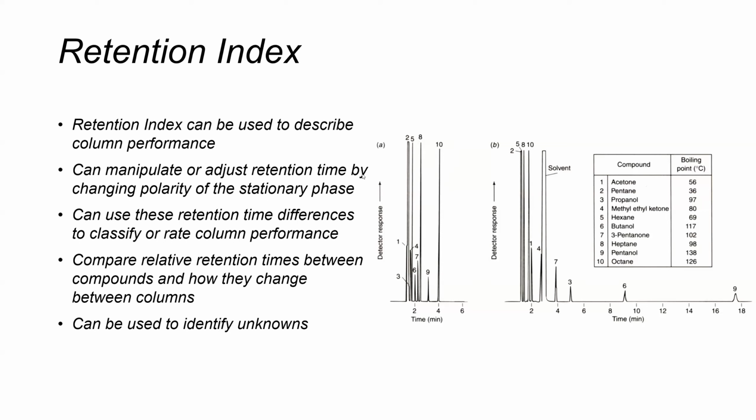So you can see here on the right-hand side, we've got the two different columns, and we're looking at the different elution times and how they change. For example, you can see that the peaks for 6 and 9, so butanol and pentanol, so alcohols, are going to be much longer in the right-hand column than in the left-hand column.